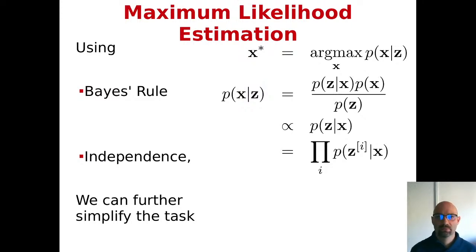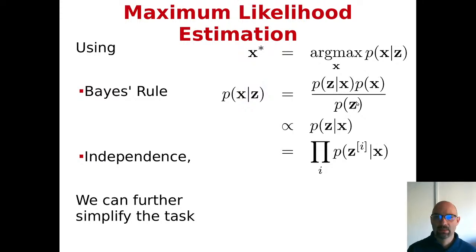So to derive least squares, we started from manipulating this conditional distribution, and the very first thing that we were doing was to apply the Bayes rule that results in this formulation over here. So P of x given z is equal to P of z given x times P of x divided by P of z.